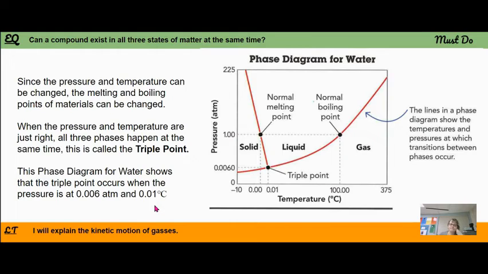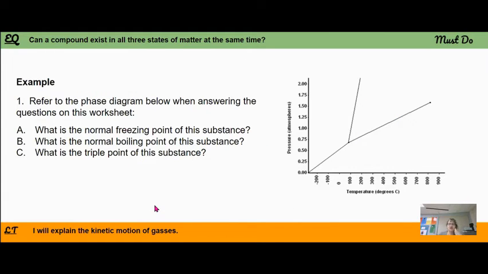So if we're looking at this graph, again, this is pressure and this is temperature. If you're given a graph that has nothing in it, no words, no letters, feel free to put your own words in. So this area is always solid. This area is always liquid. This area is always gas.